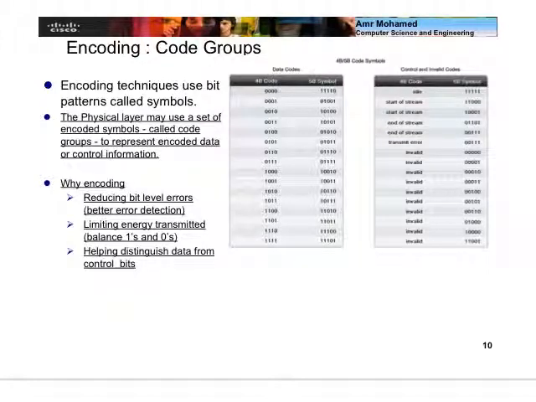So we take each 4 bits and convert it to a 5-bit symbol. If you notice in this table, the one cool feature in this encoding is that the number of changes in the bits from the 4 bits to the 5 bits is increasing.